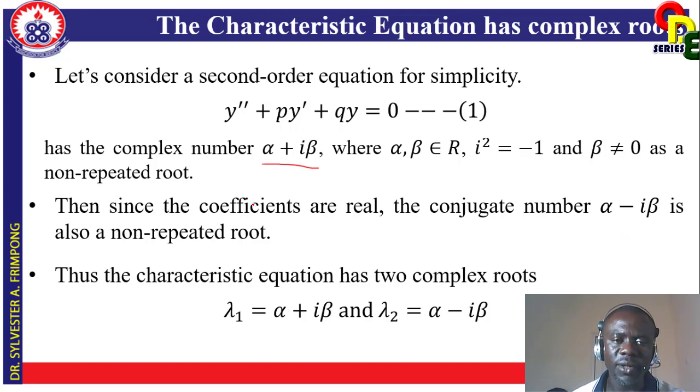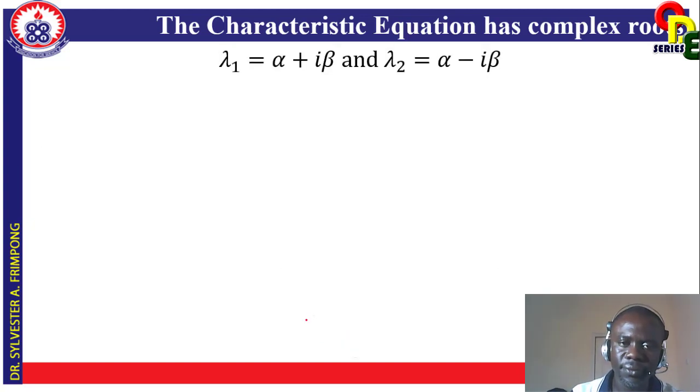And none of them will be repeated since it's a second order. So we have lambda 1 to be alpha plus i beta and lambda 2 to be alpha minus i beta, where alpha is the real part and beta is the imaginary part of the complex number.